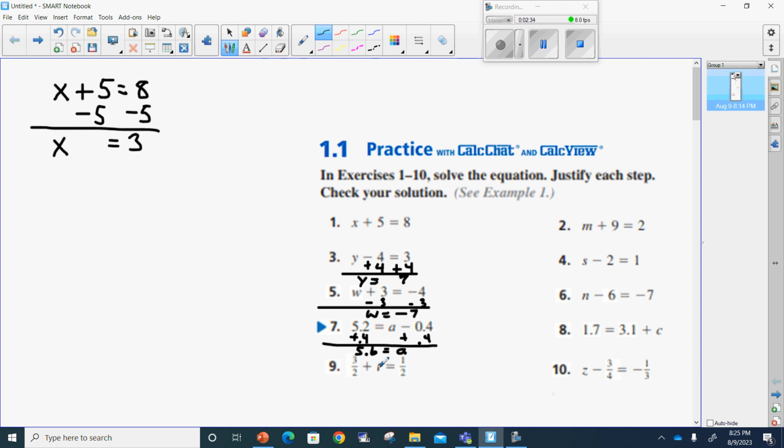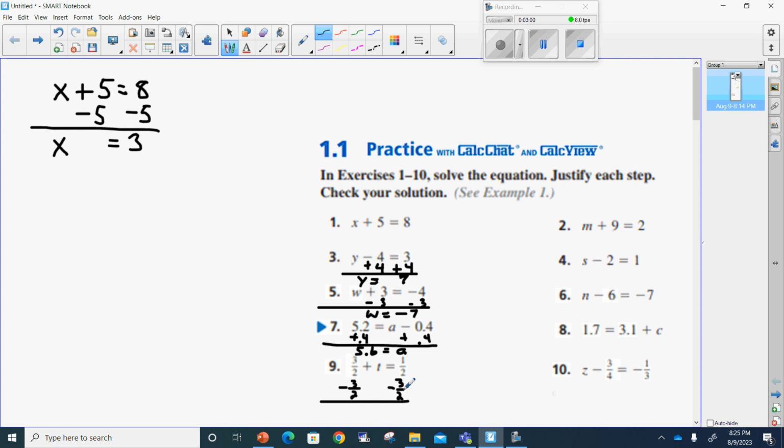All right, number 9 says we got 3 over 2 plus t equals 1/2. I got to get t by itself, so I'm going to subtract 3 over 2. Whatever I do to one side, I do to the other, so I'll be subtracting 3 over 2 from this side. Now we got positive 1/2 minus 3 over 2.